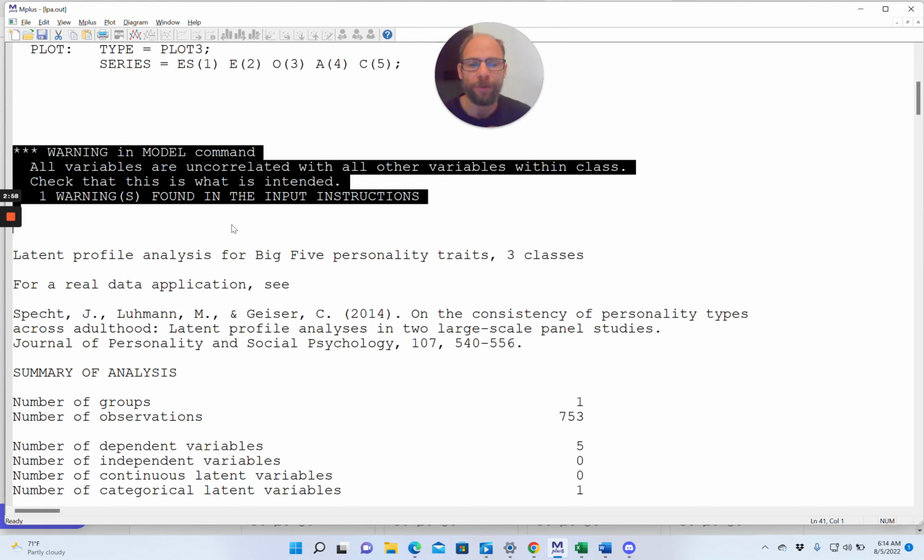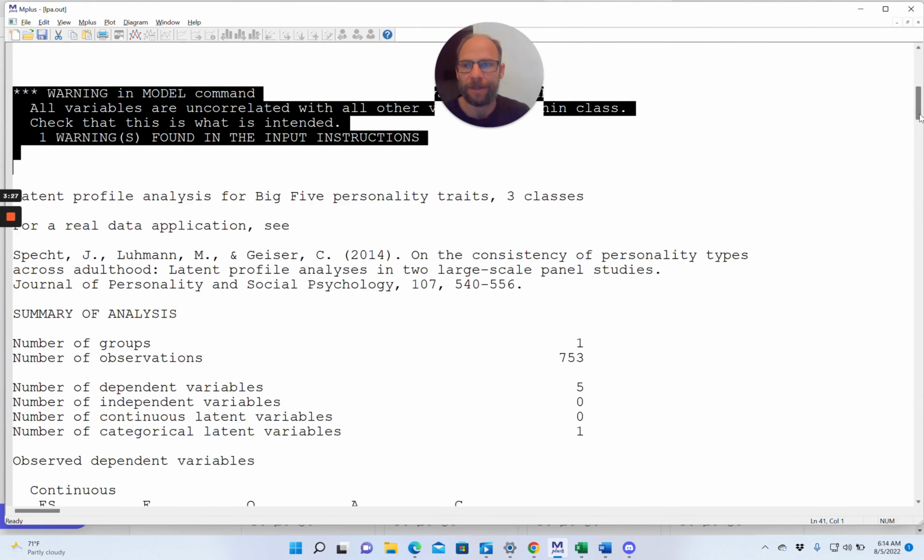So basically we want to have local independence in the classes, and then only in specific circumstances would we allow for within-class association. So this means, in other words, typically you can ignore this warning message unless you have a specific reason that you want to have within-class associations between specific variables. So this is not a warning message that typically concerns us when we do standard latent profile analysis.